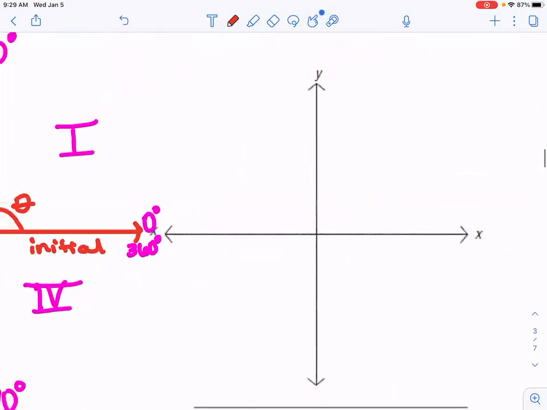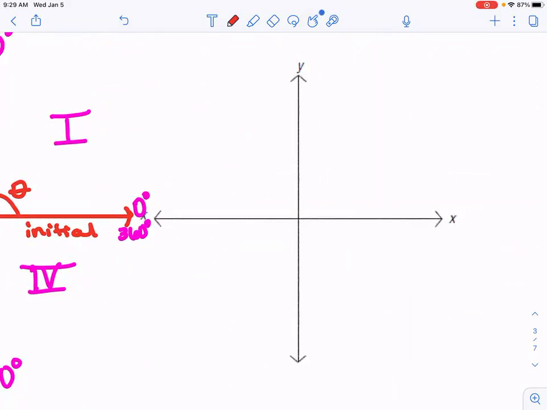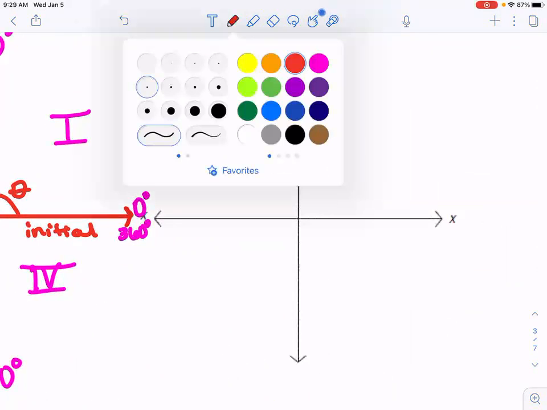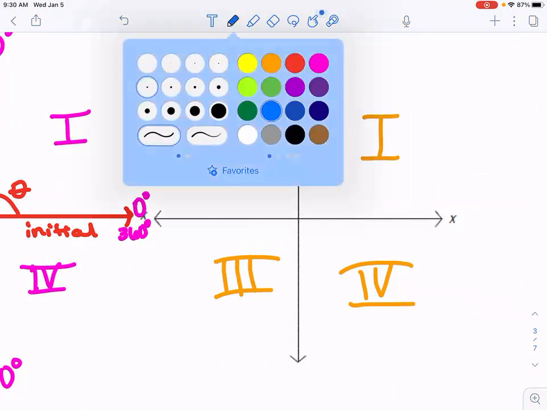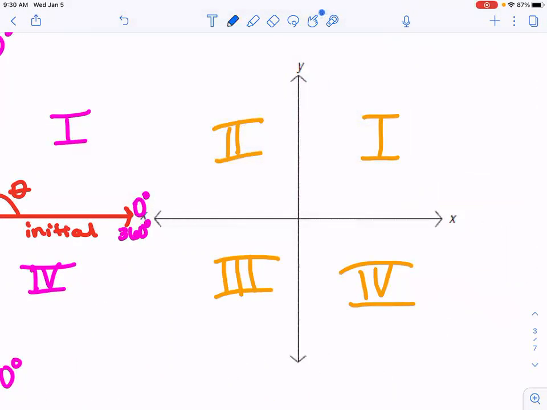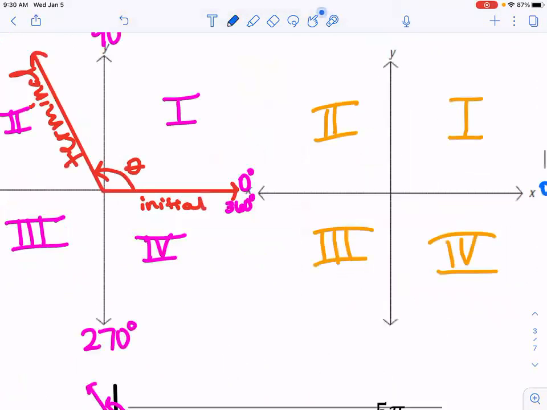So let's talk about what our coordinate plane would look like in terms of radians. We still have quadrant 1, 2, 3, 4. Okay. But if we talk about the measurements, we're going to start at 0 radians. Okay.